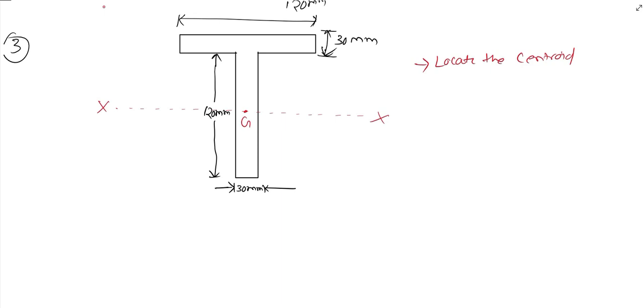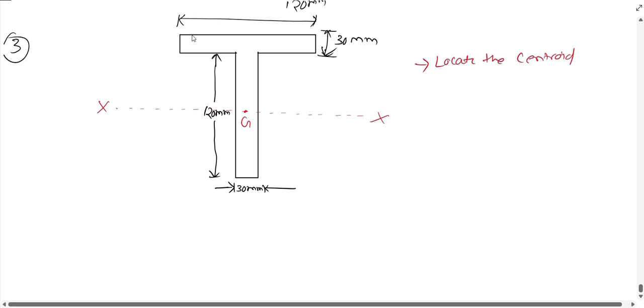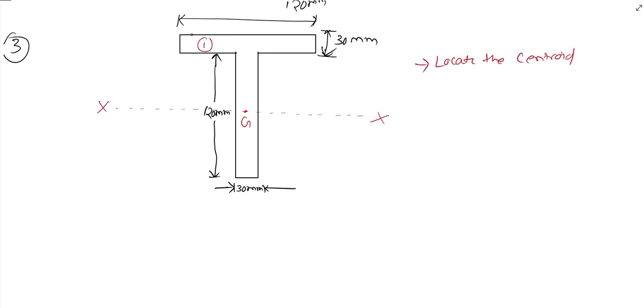After locating the centroid, we have to calculate the moment of inertia of each individual area constituting the T section about the axis with the help of the parallel axis theorem, and after that we have to add the results. So let the top flange be area 1 and the web be area 2.